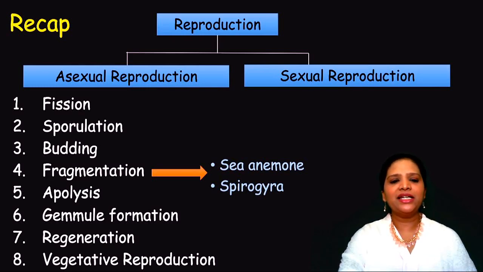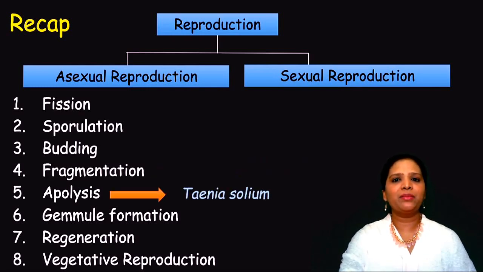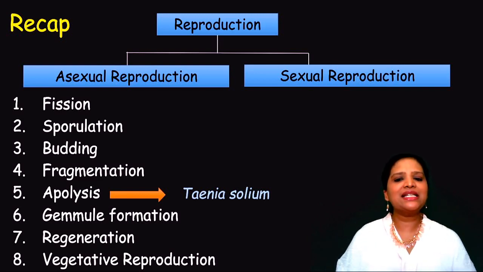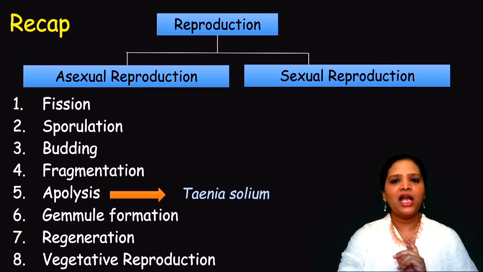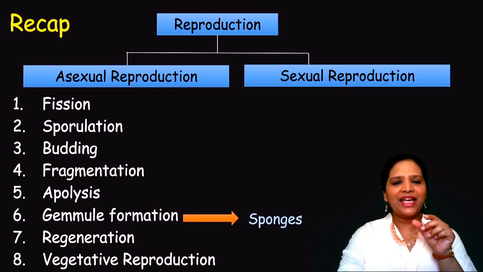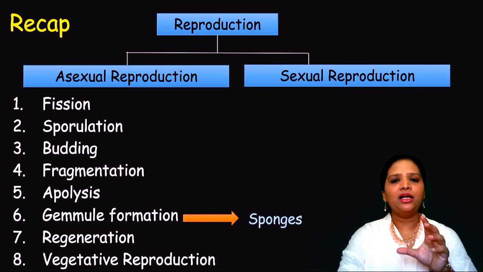The next method is apolysis, whereby the older proglottids are shed slowly and they go and adopt a new host. The example for this is the pig tapeworm, right? Gemmule formation. Gemmule means internal spores or endospores. When the environment is unfavorable, the organism produces internal spores.